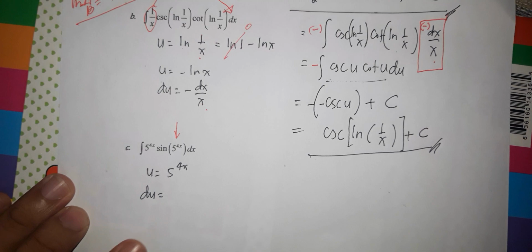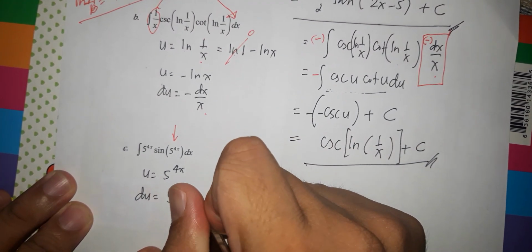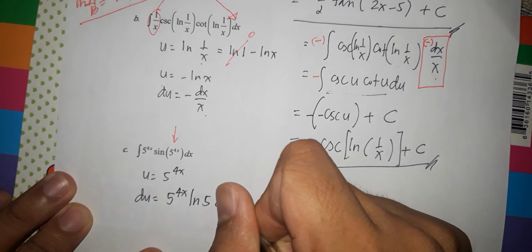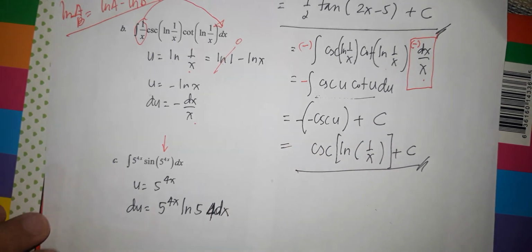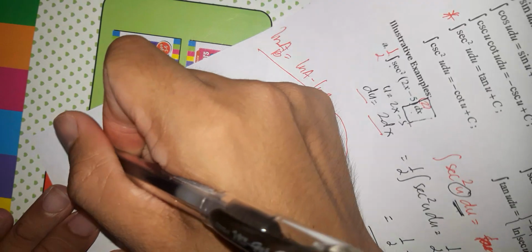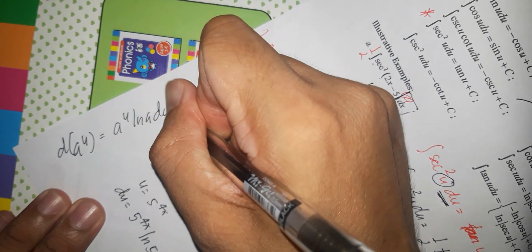So let us try to get the derivative of 5 raised to 4x. The derivative of 5 raised to 4x is 5 raised to 4x ln of 5 times 4 dx. The formula we will use is that the derivative of a to the u is equal to a to the u ln of a du.